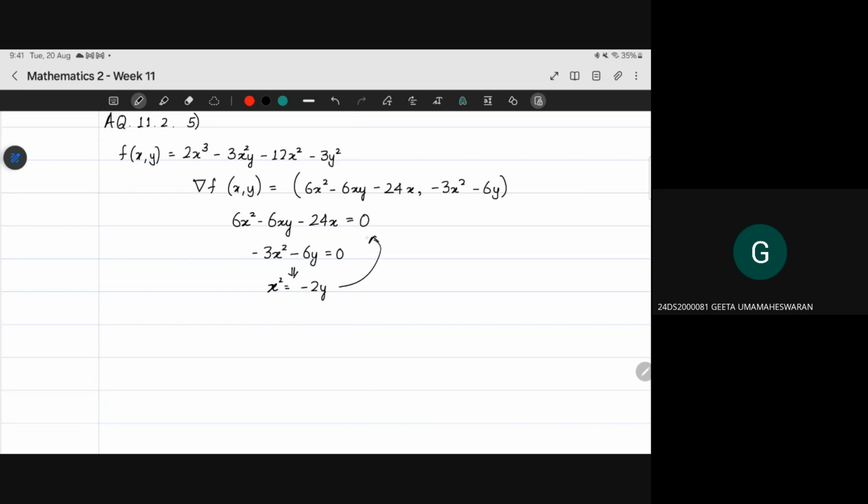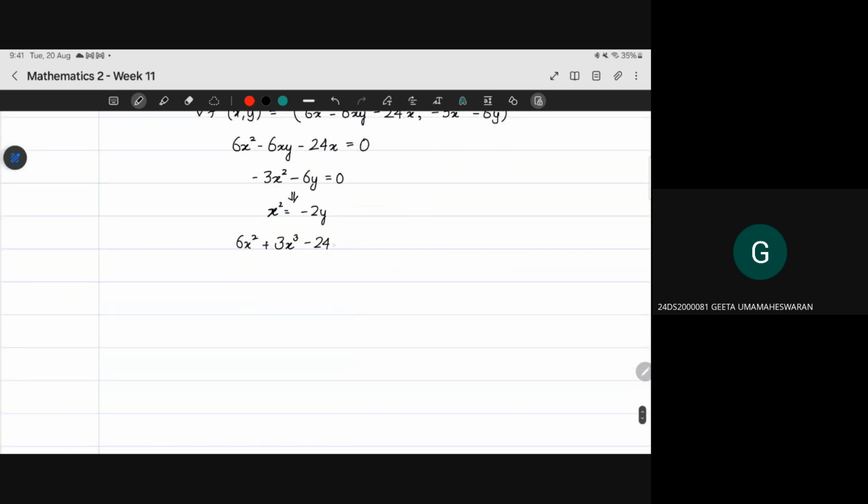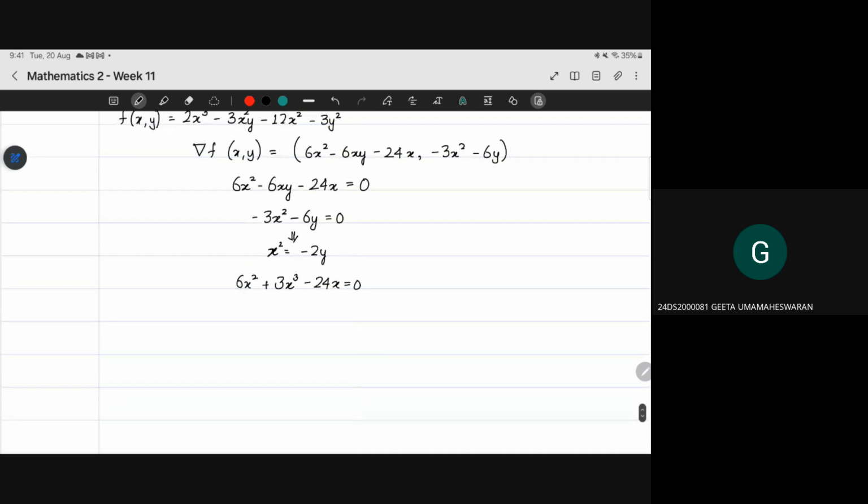And if I put this back in this, what I get is 6x squared, 2y is minus x squared, so minus x cube. This is a cubic equation.